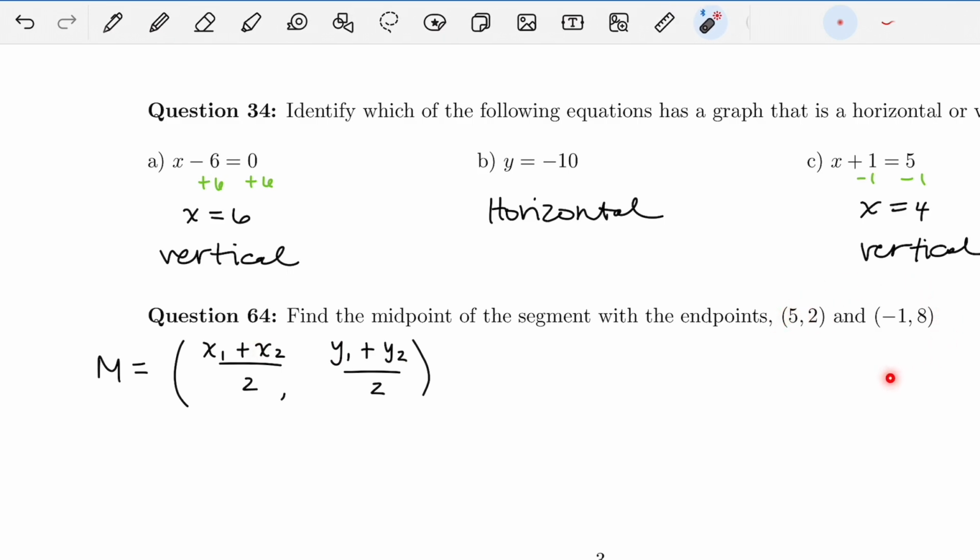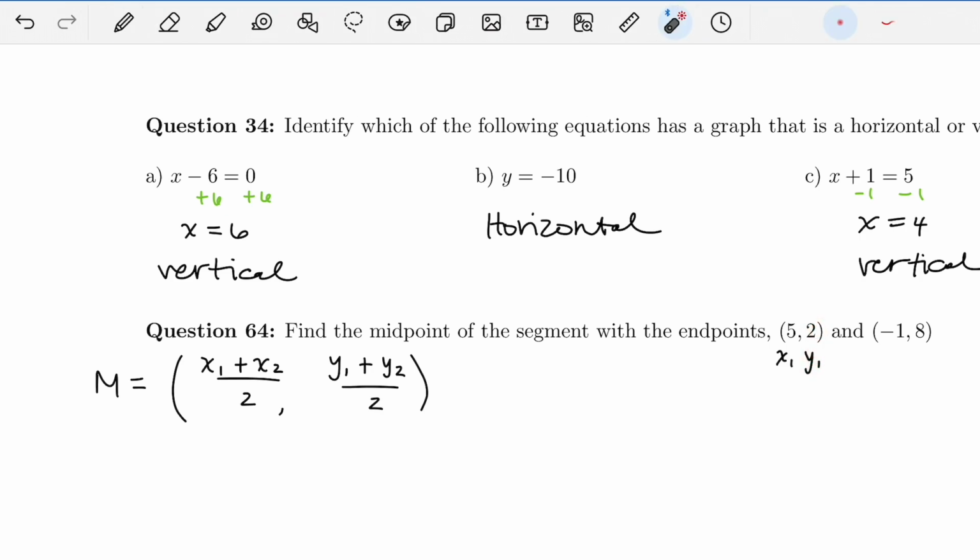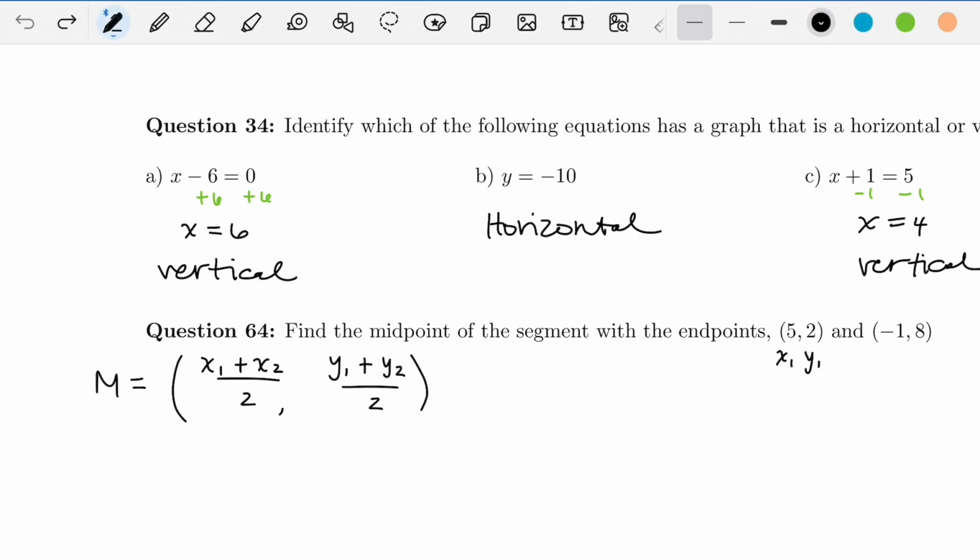So going back to these endpoints here, we can label these. This is our first x coordinate, so we'll label that as x1. This is our first y coordinate, so we'll label that as y1. Now for the next pair, we have our second coordinate, so we can label this as x2 and y2.